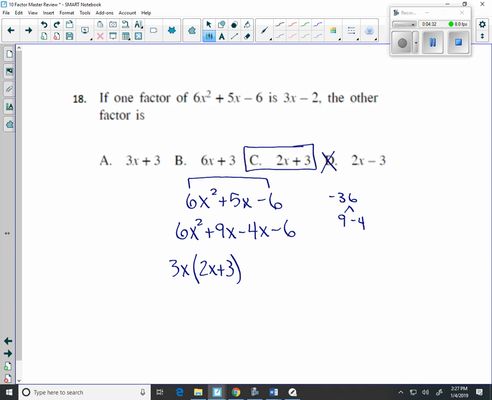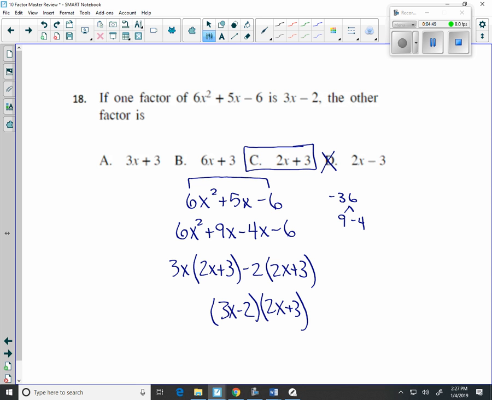Negative 4x and negative 6 have negative 2 in common. And so your two factors are 3x minus 2 and 2x plus 3.